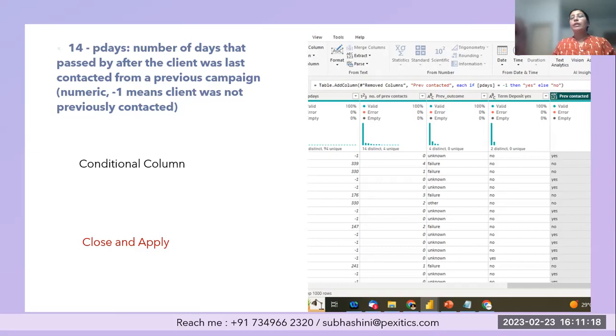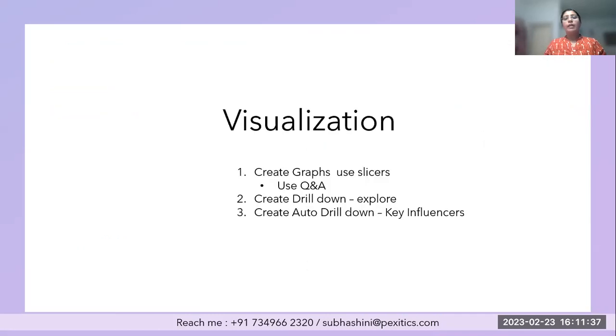So including renaming, creating new columns, which can also be dummy variables and derived variables, I have gone ahead and done changes in the data set. So all these changes I will close and apply so that it reflects in my main data model. And now I'm ready for the next step, which is the visualization step.